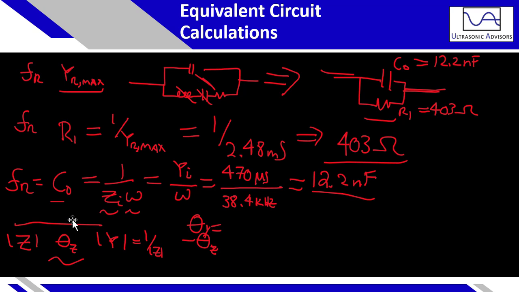Then in order to calculate the real and imaginary values, for the real component of admittance and the imaginary component, you simply take your magnitude times the cosine of the angle, and the magnitude times the sine of the angle.